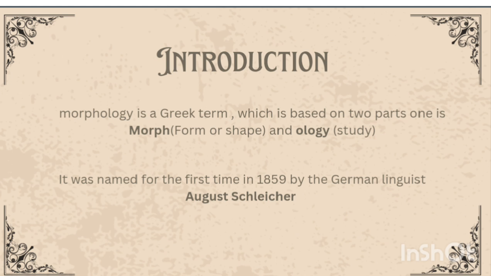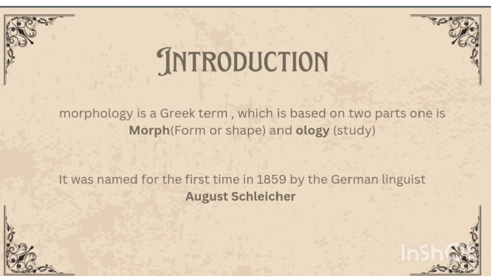It was named for the first time in 1859 by a German linguist, August Schleicher. The word morphology existed before the field of linguistics, in biology, but in 1859 it was used in linguistics for the first time by August Schleicher.